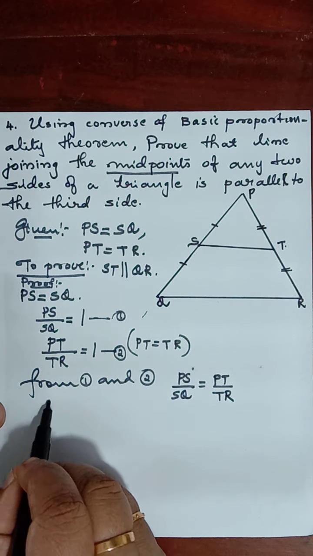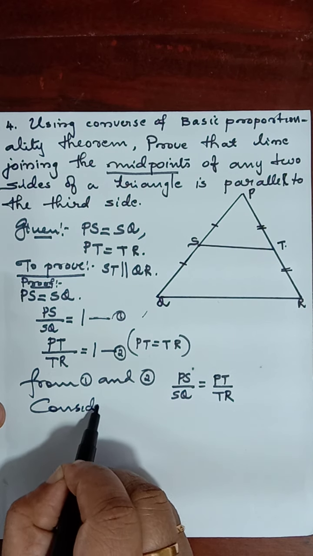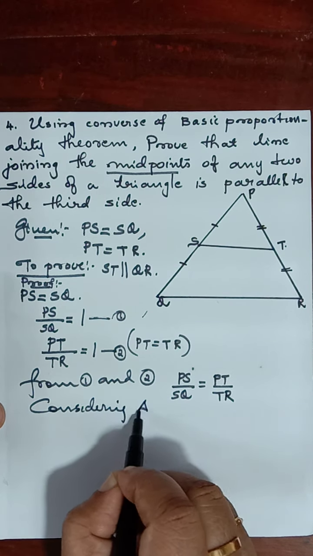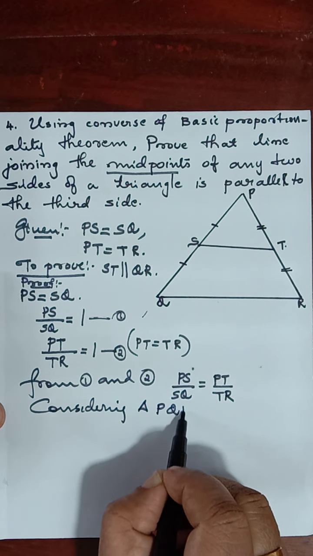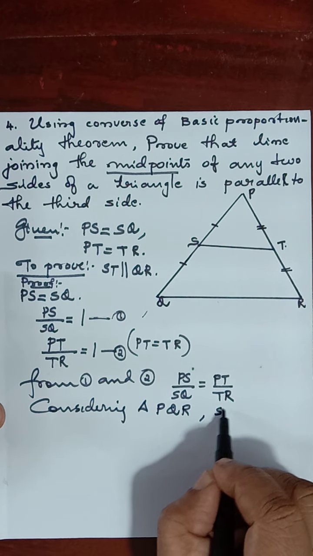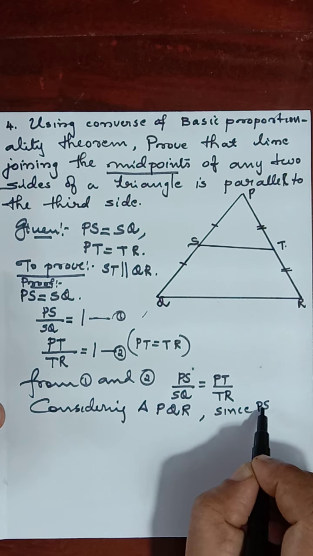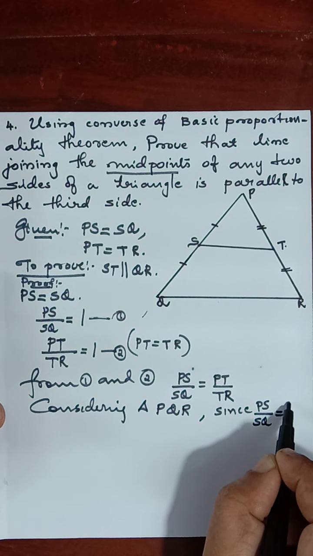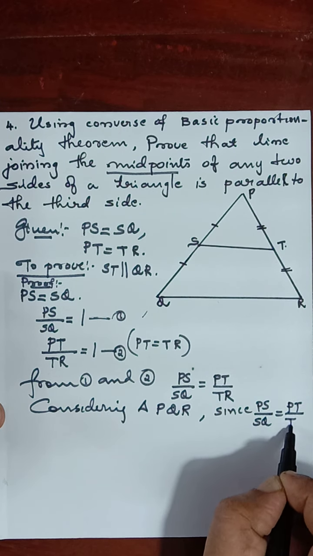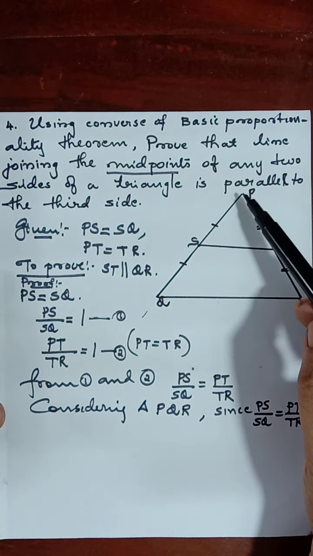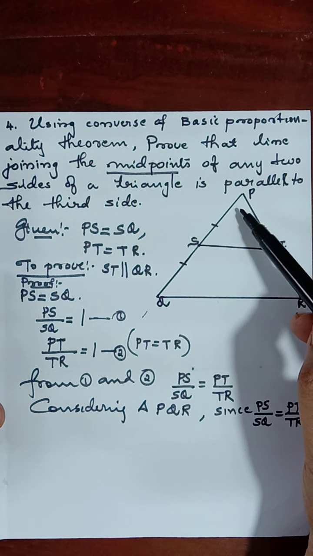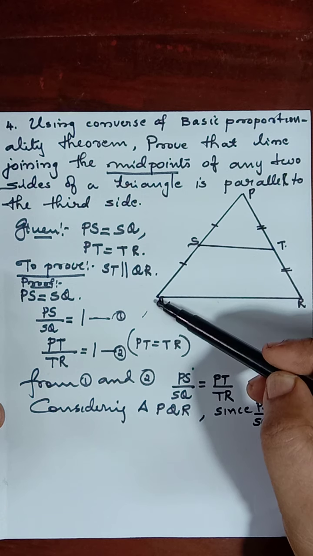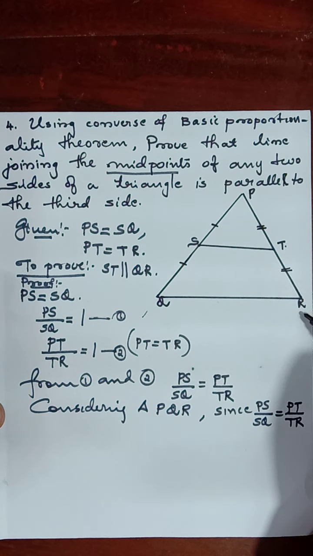So here we have to write considering triangle PQR, since PS by SQ is equal to PT by TR. Now it is very clear. We are considering triangle PQR since PS by SQ is equal to PT by TR.